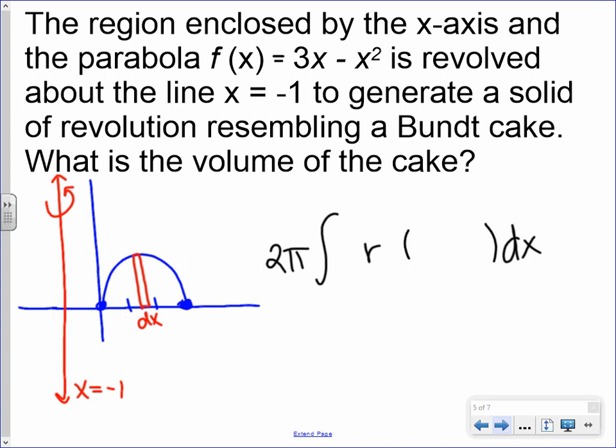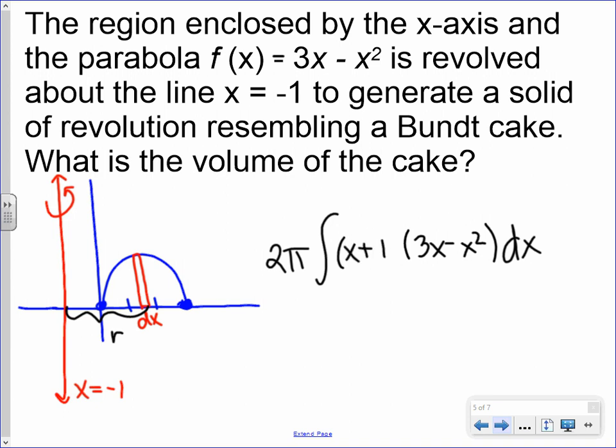Michael, what would it be? Good. Now, when we talk about the radius of these shells, we're talking about this distance right here. Okay, so that distance, Eli, how do we describe that? X plus 1.